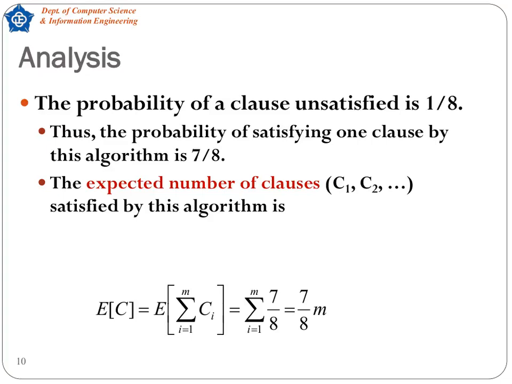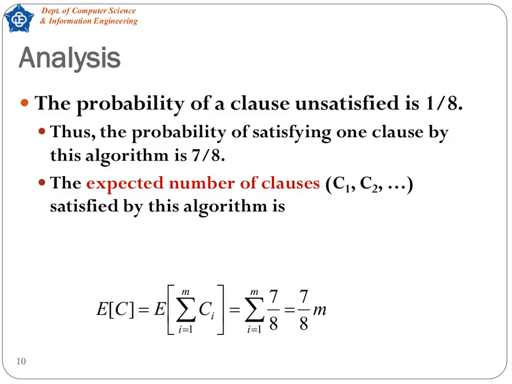As the formula displayed on the slide illustrates, the expected value of the total clauses satisfied, which we represent as E[C], is the expected value of the sum of individual clauses from 1 to m. Thanks to the powerful principle of linearity of expectation, this simplifies beautifully. It becomes the sum of the expected values of each individual clause, C_i. And since we know the probability of satisfying each clause C_i is 7/8, we can conclude that the total expected number of satisfied clauses is simply m multiplied by 7/8.